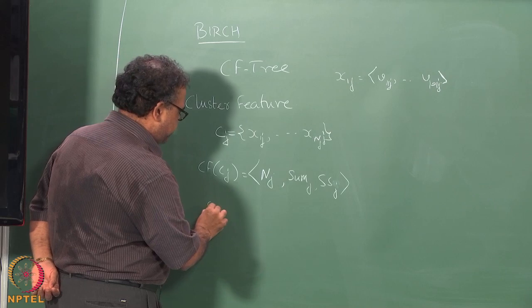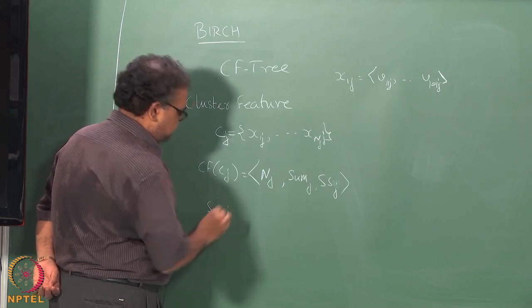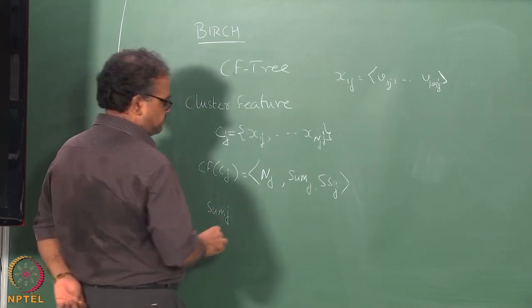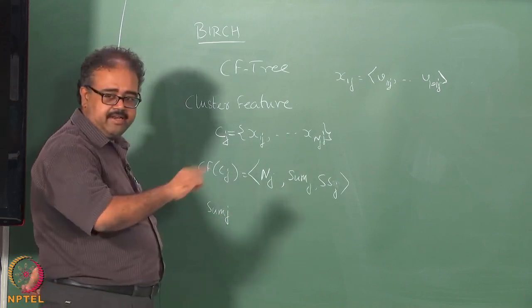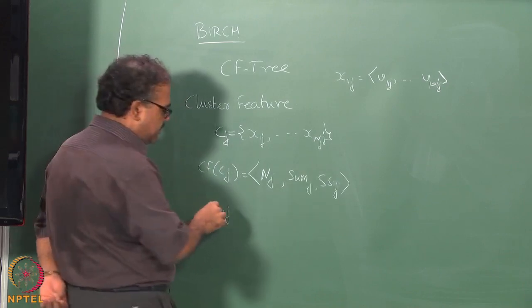So sum j is again a vector, right, sum j is a vector.